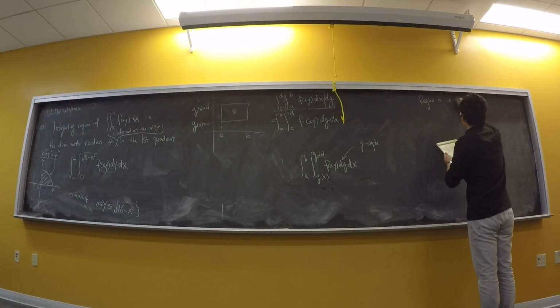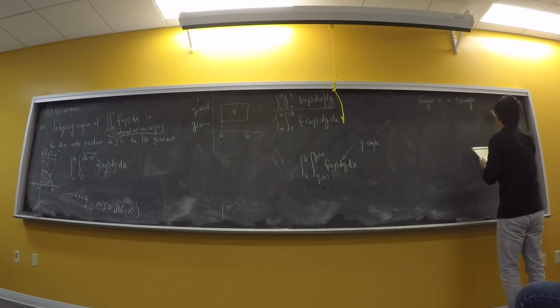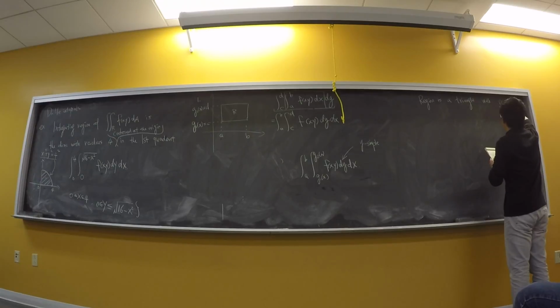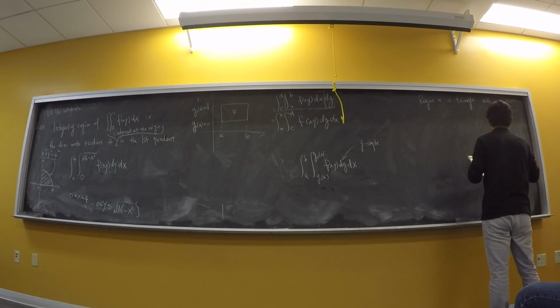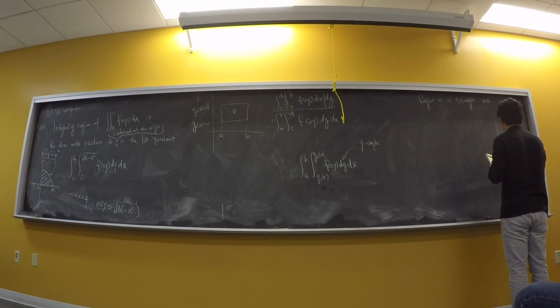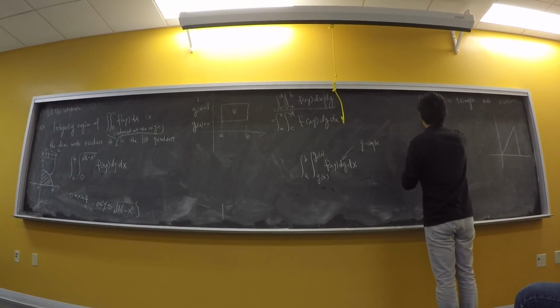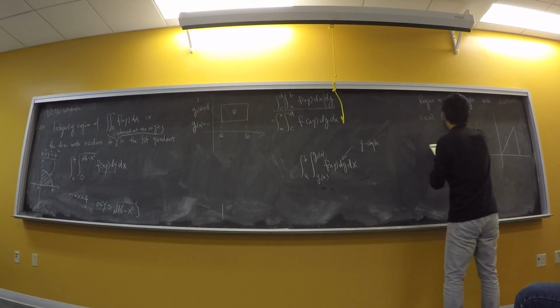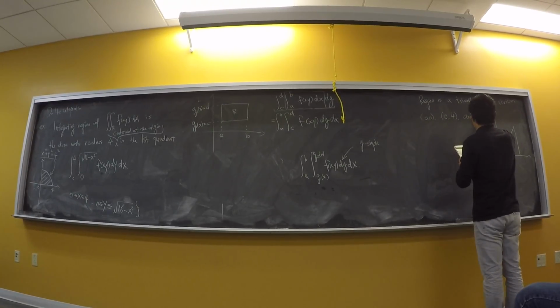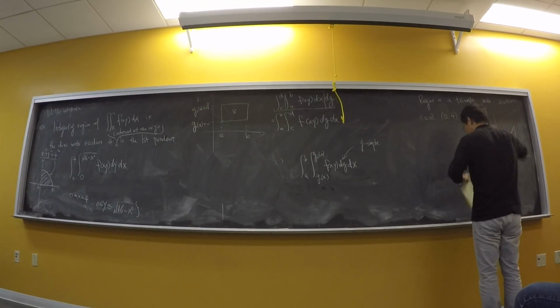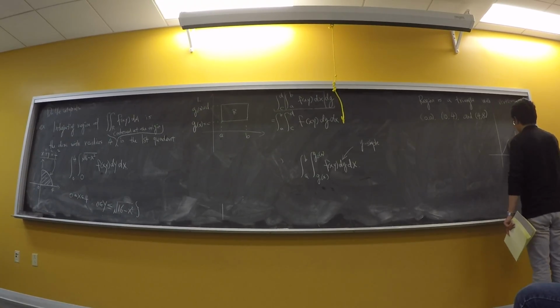It is a triangle with vertices 0, 0, 0, 4, and 4, 8. Okay.